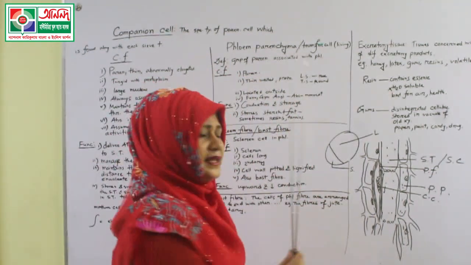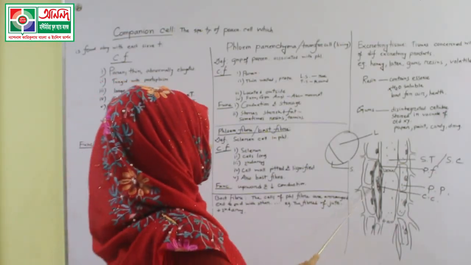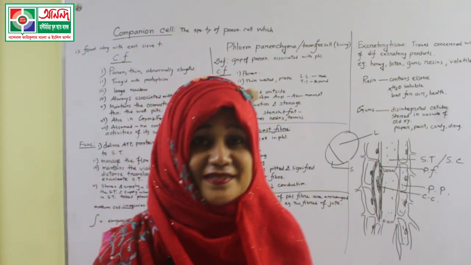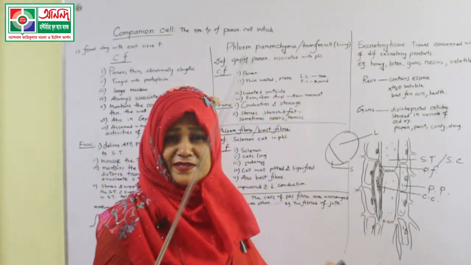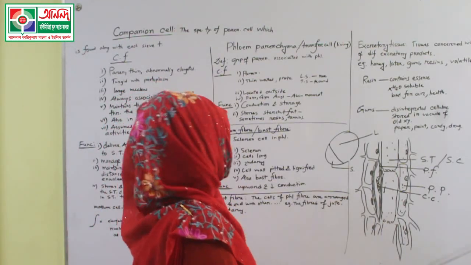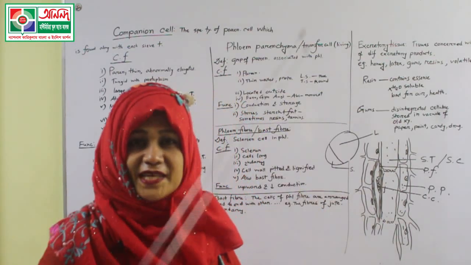Then the companion cell: abnormally elongated with a larger nucleus, thin wall, parenchymatous, turgid with protoplasm. It is always associated, always attached with the sieve tube.